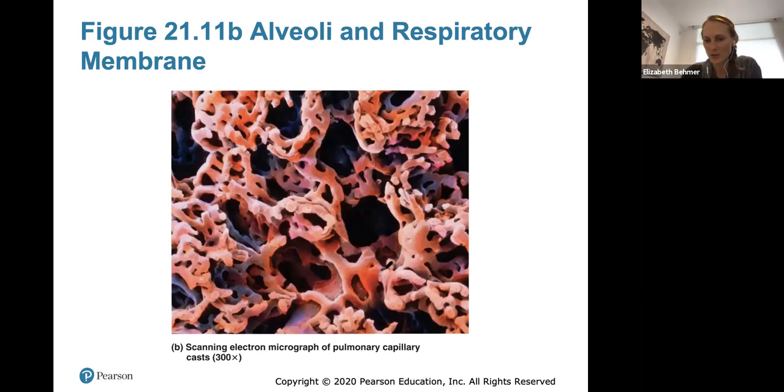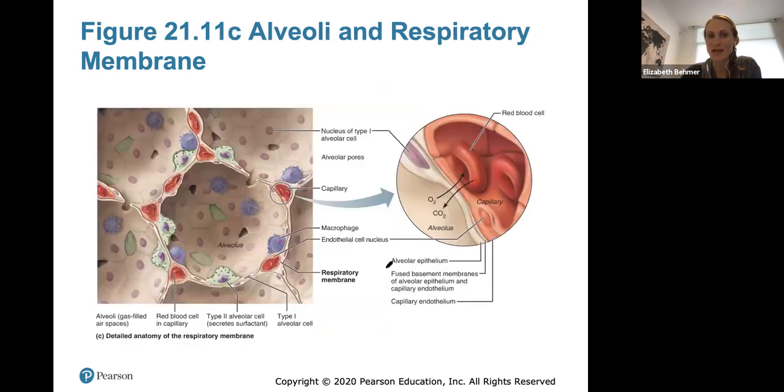Here's a micrograph of the pulmonary capillary cast surrounding those alveoli, and this is a look at the respiratory membrane. You see an alveolus, which is like a balloon. You see the type 2 alveolar cells secreting surfactant. You see macrophages and pores. The rest are the type 1 alveolar cells that help to make up the membrane.